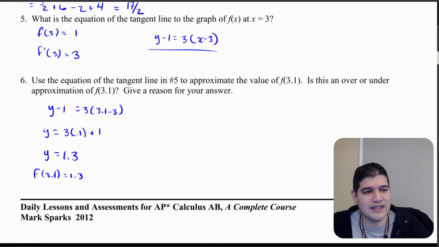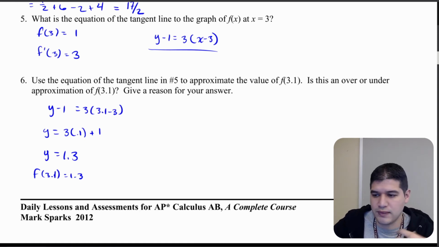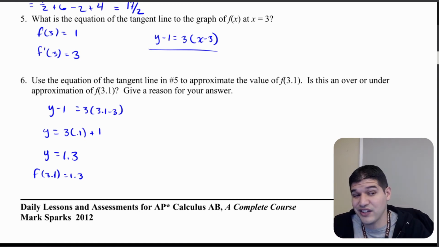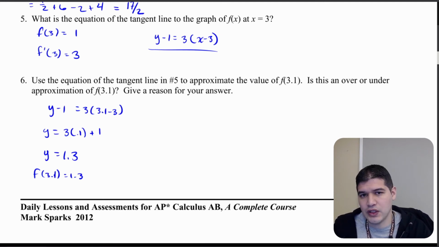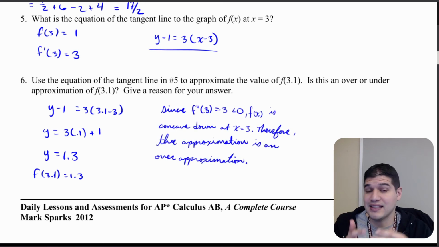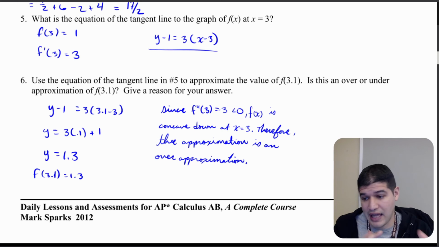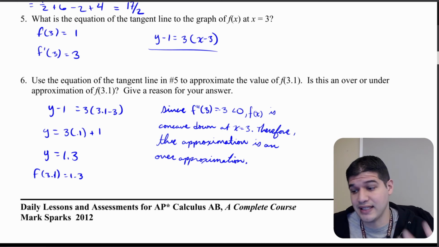All right, so now we have to say, is this an over or an under approximation of the exact value at f of 3.1? In order to determine that, we need to figure out what is happening to the concavity at x equals 3. Is it concave up or concave down? In this case, we know that the second derivative at 3 is -1, which is less than 0, so it's negative.